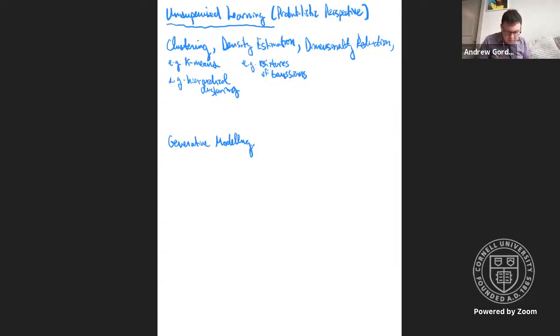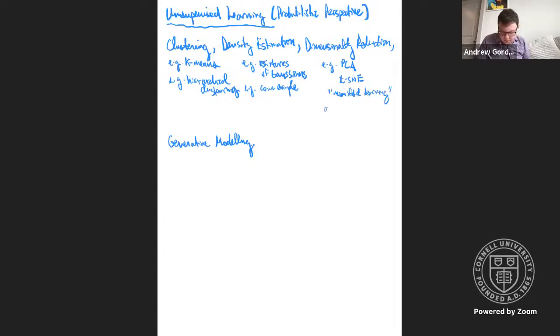So mixtures of Gaussians, we could sort of do the coin example. There are lots of examples. And in fact, we'll see a bit today how everything is really density estimation in a sense. Dimensionality reduction. So there's PCA, there's t-SNE. There's sort of a whole field of manifold learning, which is what Kilian did his PhD thesis in.